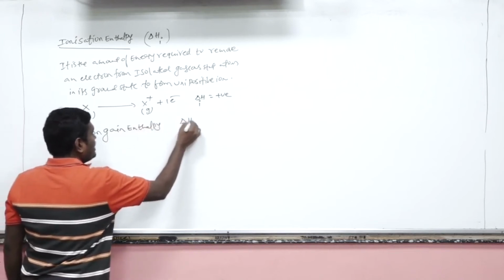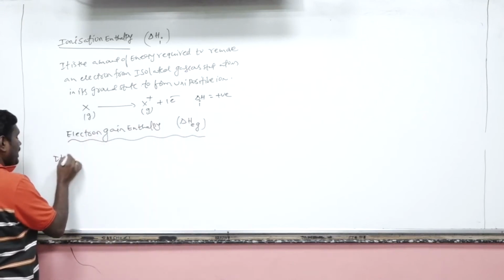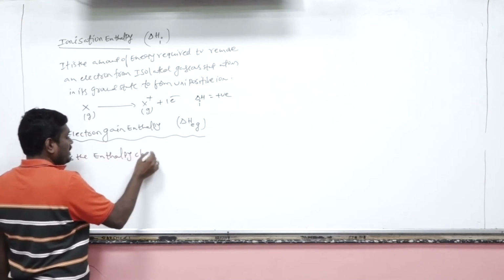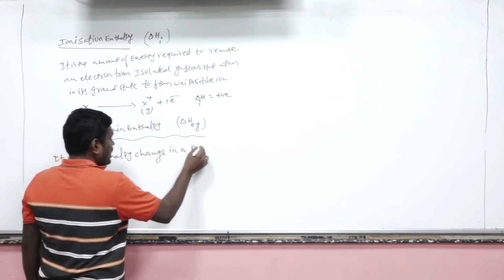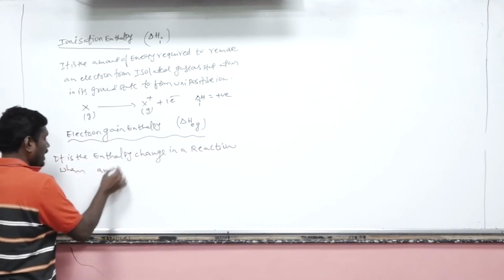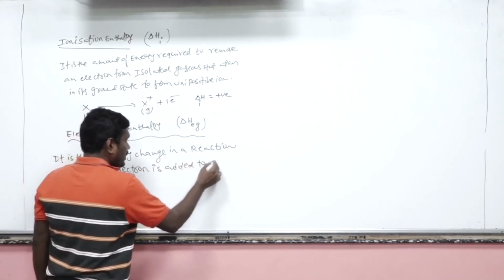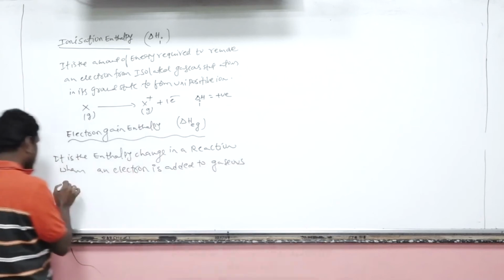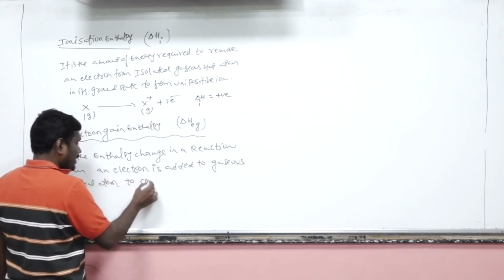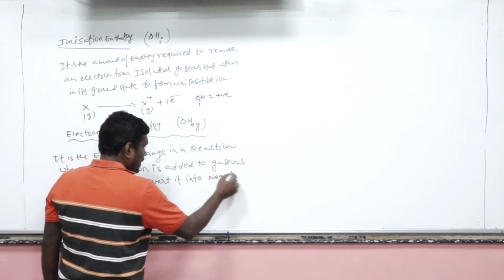It is the enthalpy change in a process when an electron is added to a gaseous neutral atom to convert it into a negative ion.